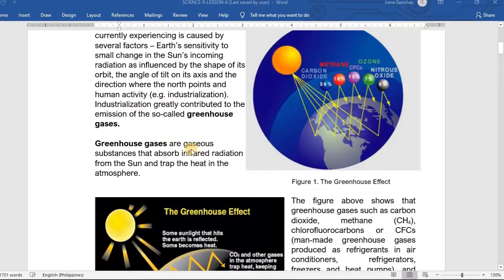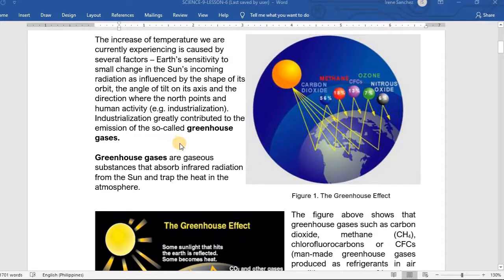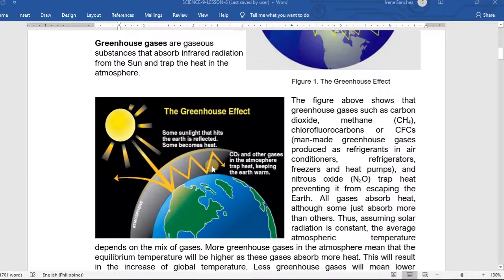The main ideas are, one of these is all about the greenhouse effect, or the greenhouse gases. In the greenhouse effect, there are types of gases in the Earth's atmosphere that trap the sun's rays within the Earth's atmosphere and heat the Earth's surface.